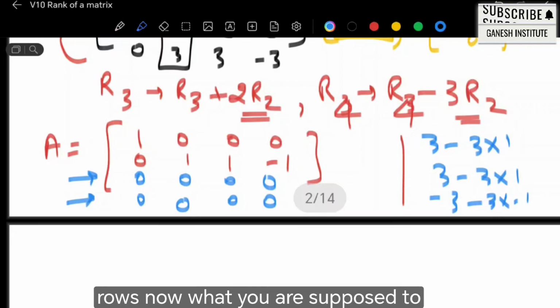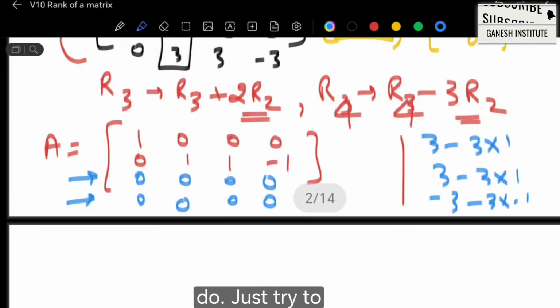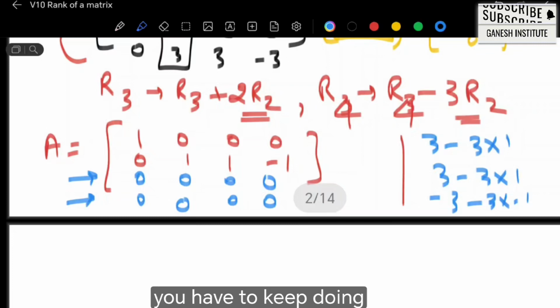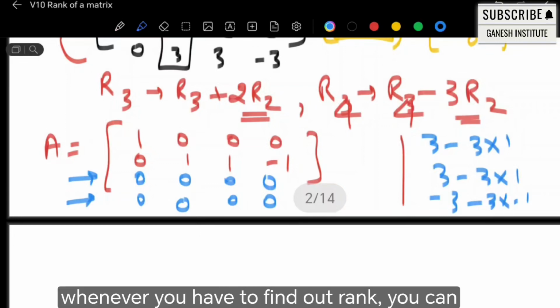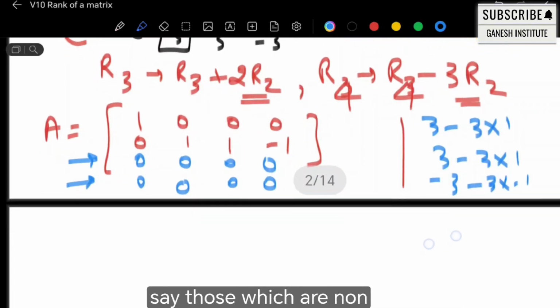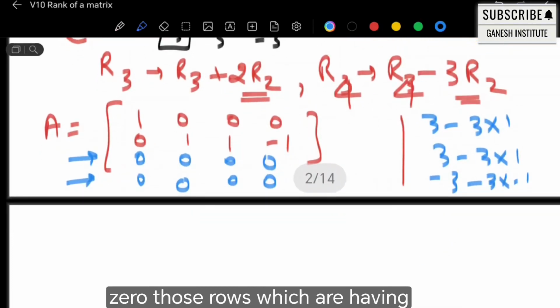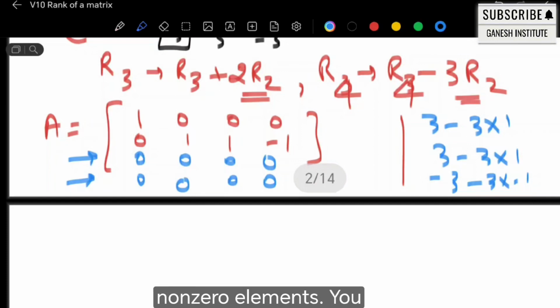Now what you are supposed to do is keep doing this, continue the process down the main diagonal until the end of the diagonal is reached or all the elements become 0. Whenever you have to find the rank, you count those rows which have non-zero elements, and that will become your rank.